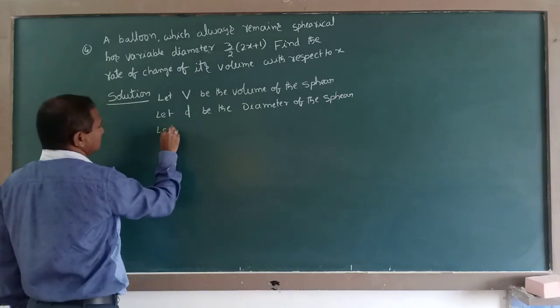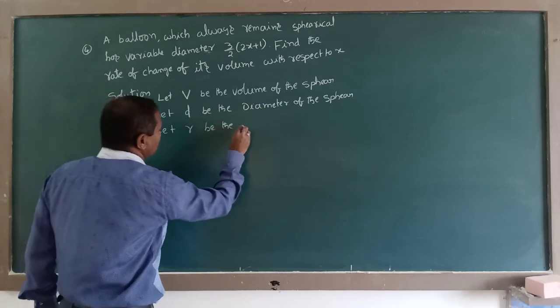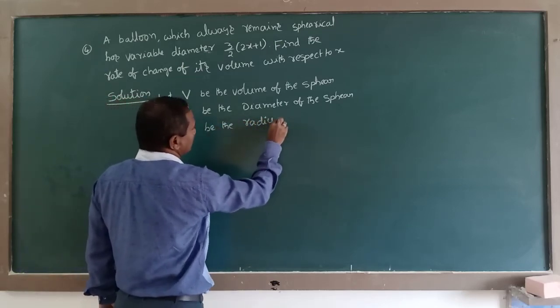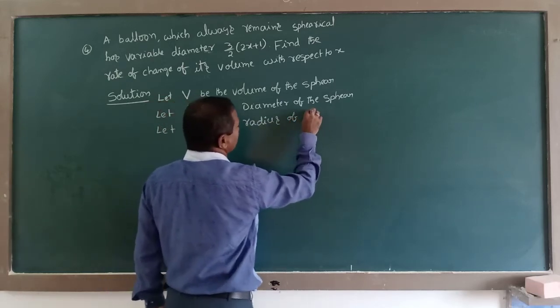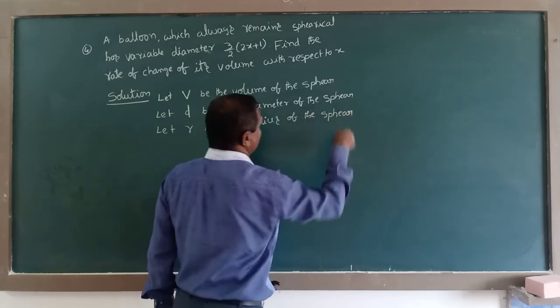Let small letter r be the radius of the sphere.